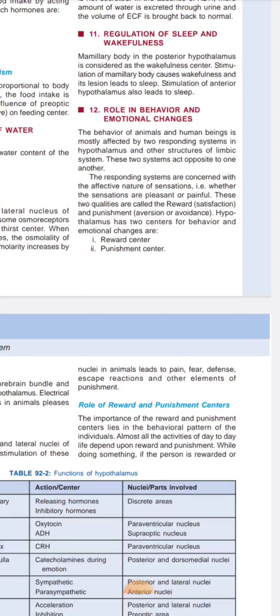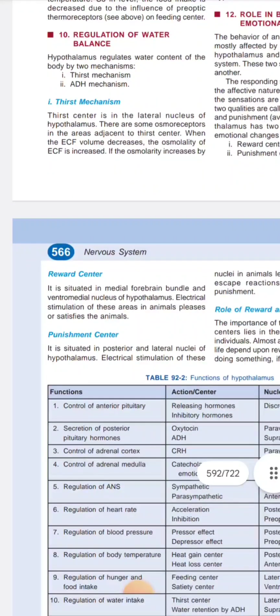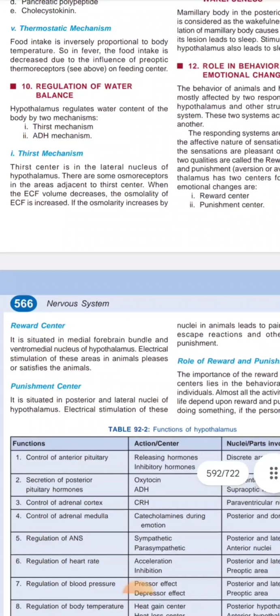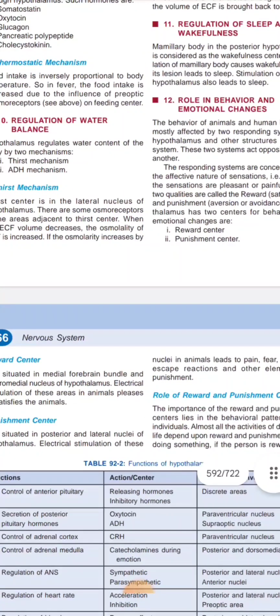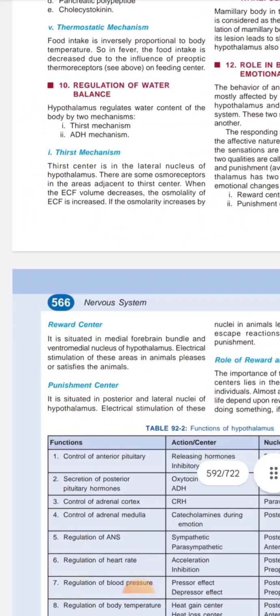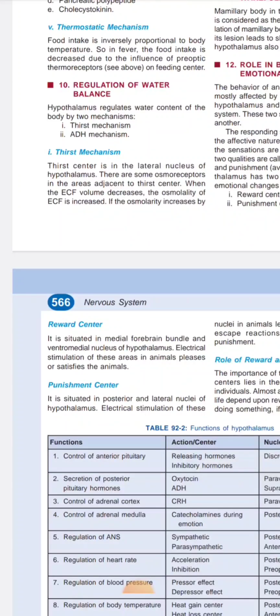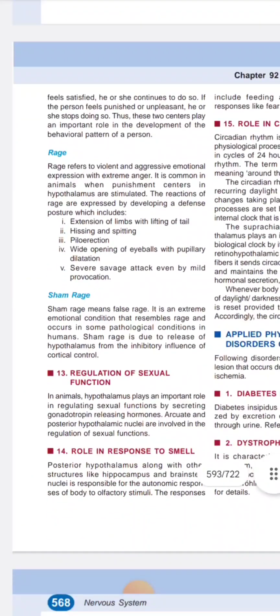Okay, so all these pleasant, unpleasant sensations are regulated by hypothalamus. Why? Because hypothalamus consists of different centers like reward center, punishment center. Okay, so because of the stimulation of these centers, different emotions are regulated in our body.